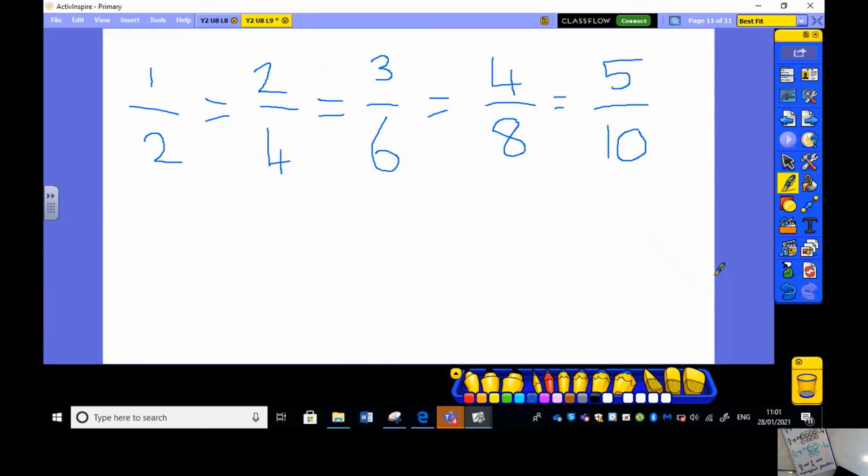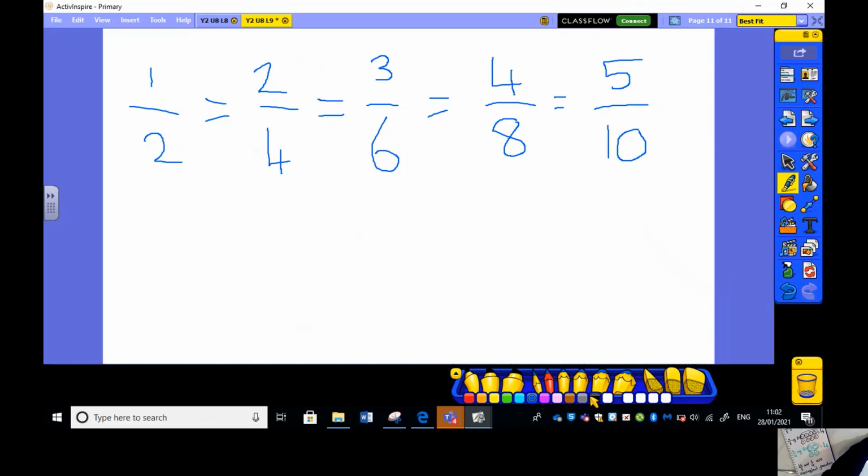Can you see the pattern? If you can't, don't worry, but have a think now. Pause the video. What's the pattern you can see with these equivalent fractions? Well done if you noticed.